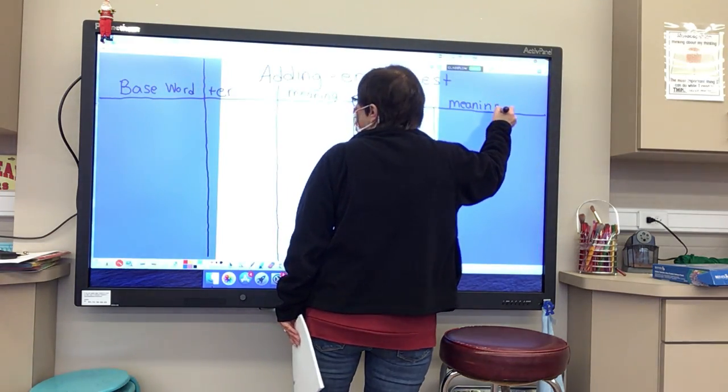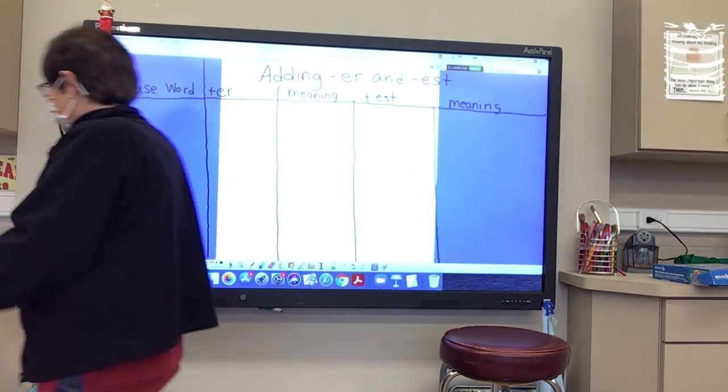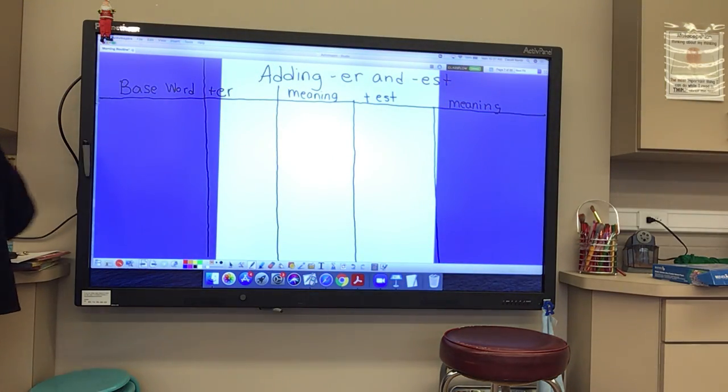So we need to have room for 5 columns. 5 columns, boys and girls, 5 columns. Does everybody have room? So it should have 5 columns.